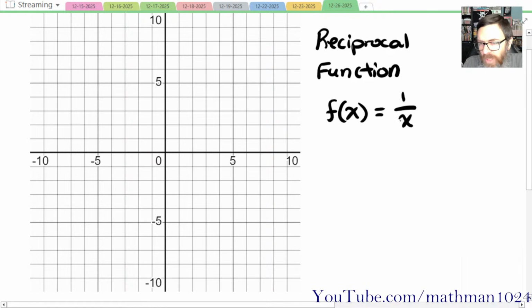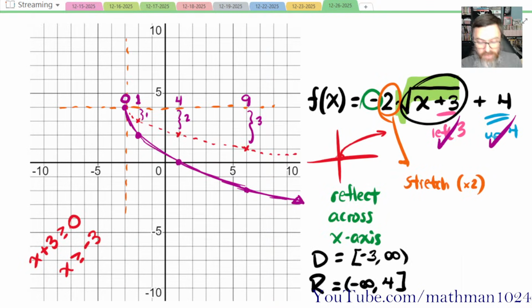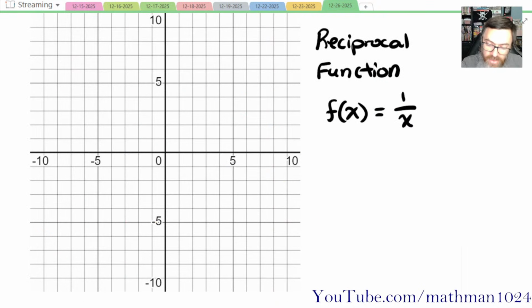So if you remember a few days ago, I said that for most of these functions that we come across, the domain should be all real numbers. But there are two things we're going to see right now that will limit your domain. One of those being the square root, which we saw back over here. The other thing is when you have variables in the denominator.